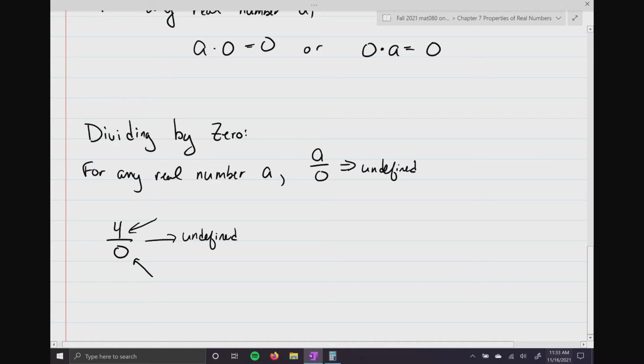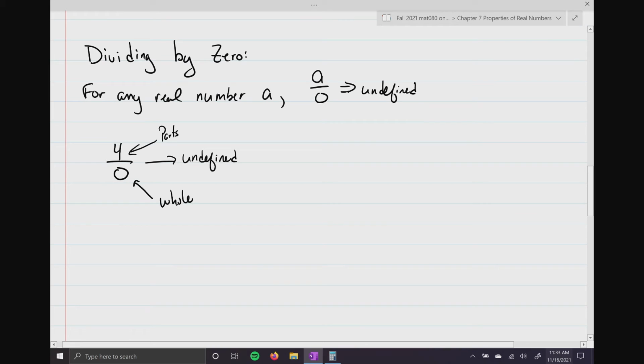And more importantly, when we were first introduced to fractions, we said that the numerator would be like the part or the parts, and the denominator is the whole. Well, according to what I have on the board right here, how can I have 4 parts of something if I never had anything to begin with? It's like eating pizza. How could you have 4 slices of pizza if there was never a pizza on the table? Like, it doesn't make sense. So that's why we call it undefined.